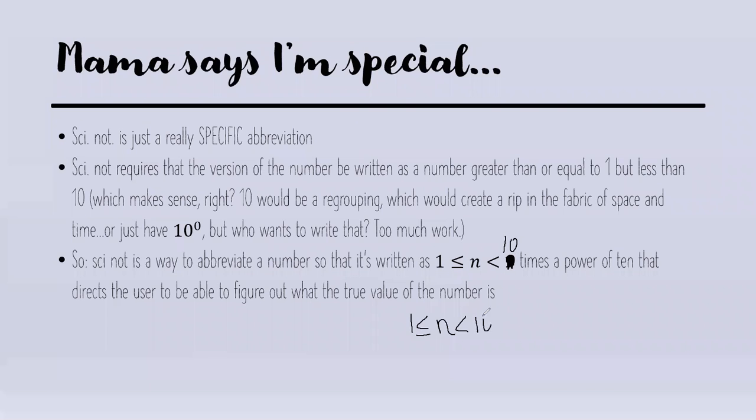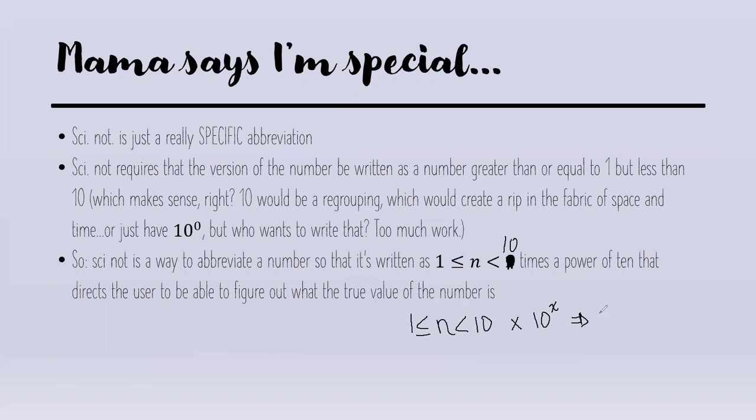Then times 10 to a power. You can use whatever variables you want, but that's scientific notation where you have some number that's greater than or equal to 1, but less than 10, times 10 to some power. Because if you multiply it by that power of 10, it gives you the true value of the number.